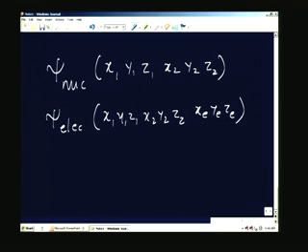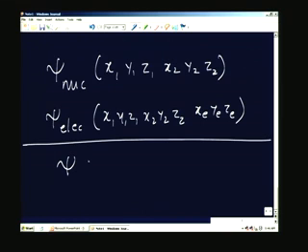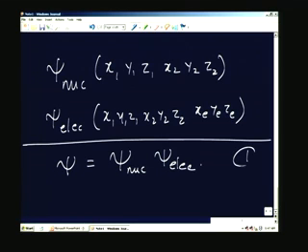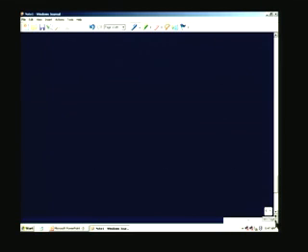So the overall psi is psi nuclear times psi electronic, step 1. What is the next step? When you apply this to the Hamiltonian, see, this is a proposal.